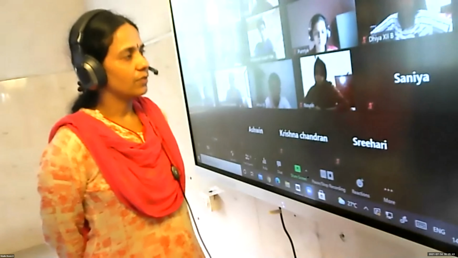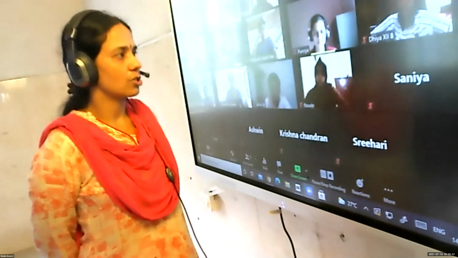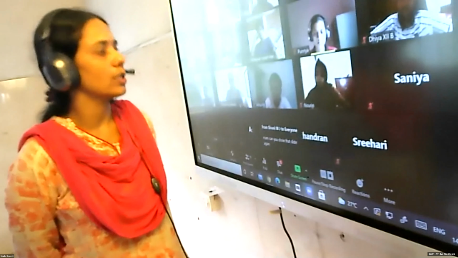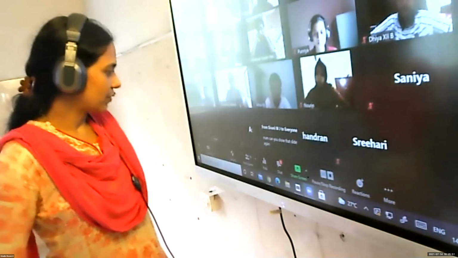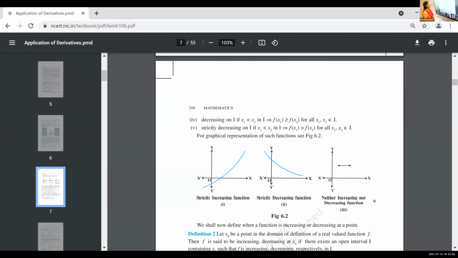If f dash of x is less than 0, it is a decreasing function. If f dash of x is equal to 0, then we say it is a constant function.